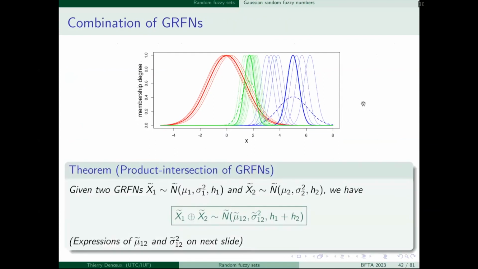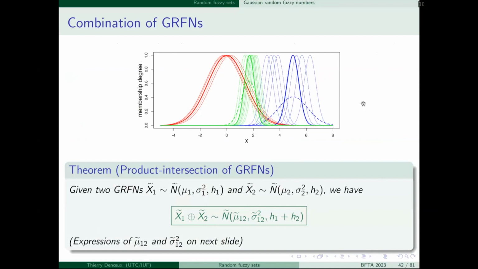Now, what is interesting is that we can combine these Gaussian random fuzzy numbers by the product intersection rule, and we still get a Gaussian random fuzzy number. Here in green, I have represented the combination of the blue and the red Gaussian random fuzzy numbers.